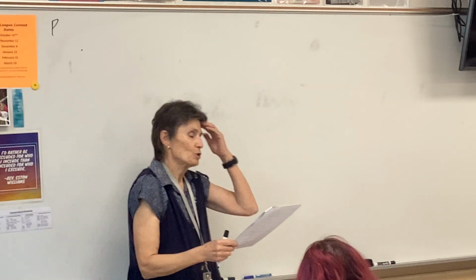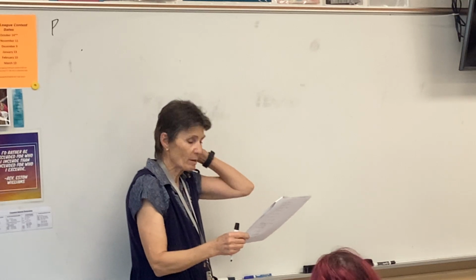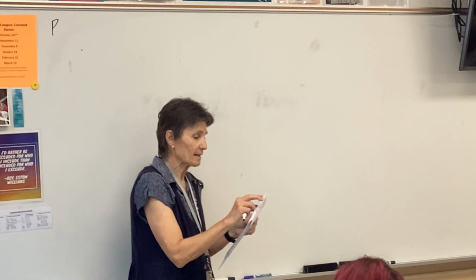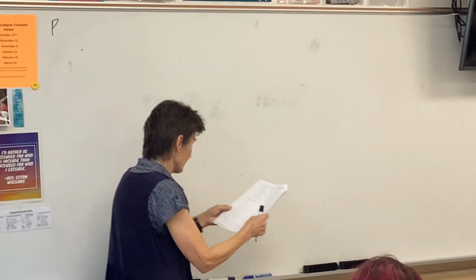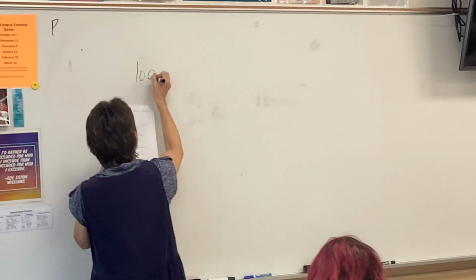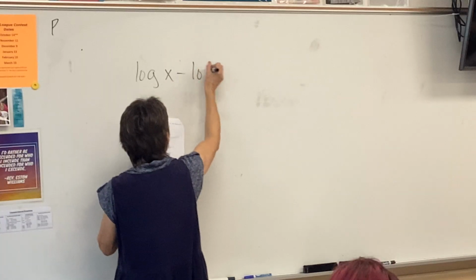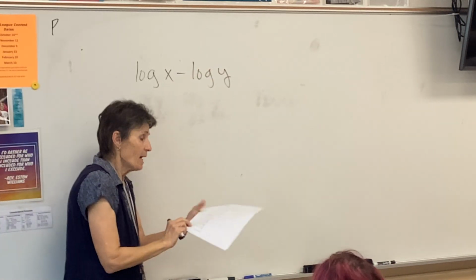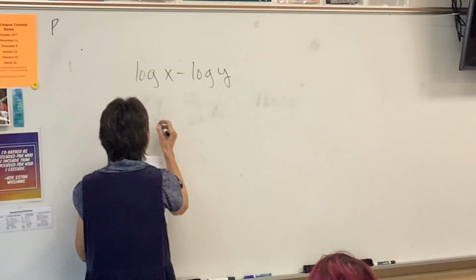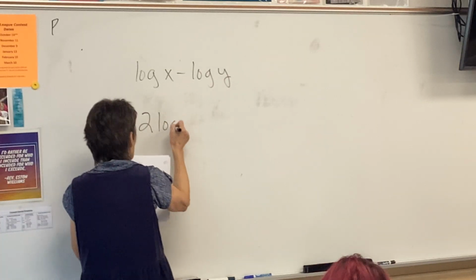Okay. So we're in our notes 3.4, which is at the very bottom of the back of page 26. We are going to start learning, or reviewing, because you did this last year, how to combine logarithms.